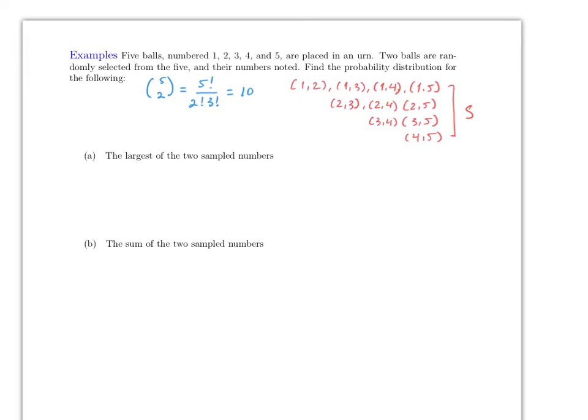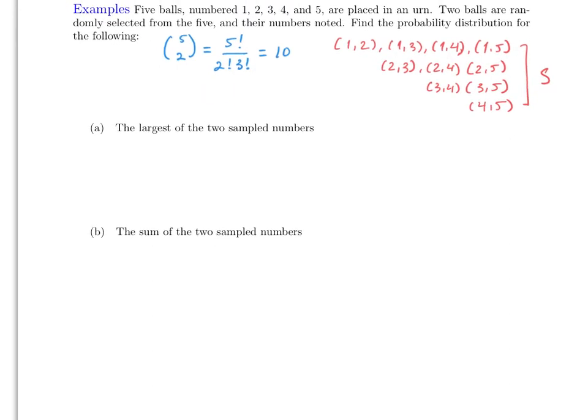Now the possible values for y, if you are focusing on the largest of the two sample numbers, will be 2, 3, 4, and 5. Okay. And then the probability that the biggest one is 2, well, it's only this one, which will be 0.1.